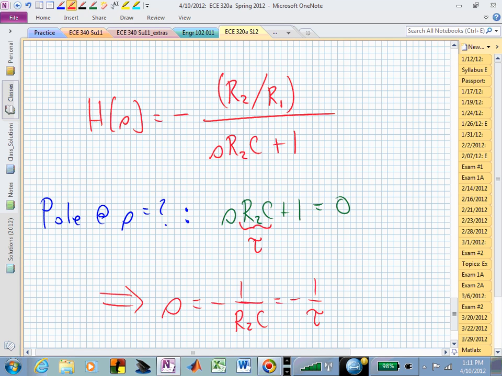So now you're given that, and now you need this 1 over R sub 2 C to maybe be 2 if you wanted a low pass with a cutoff frequency of 2 radians per second. You would want 1 over R sub 2 C, that product, to be 2. You'd need to pick your resistor appropriately. Yes?